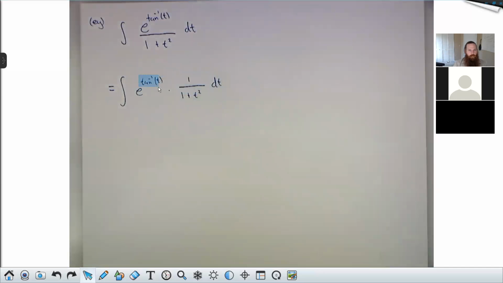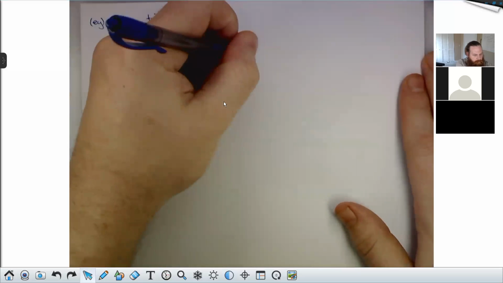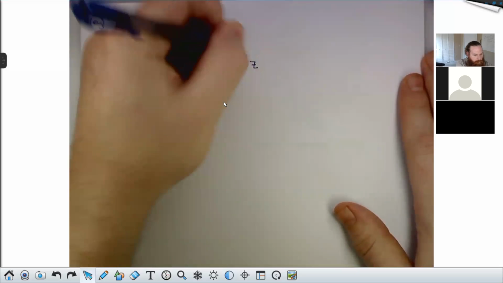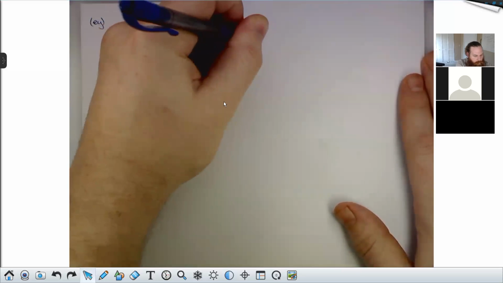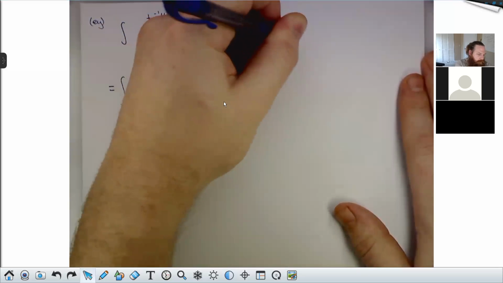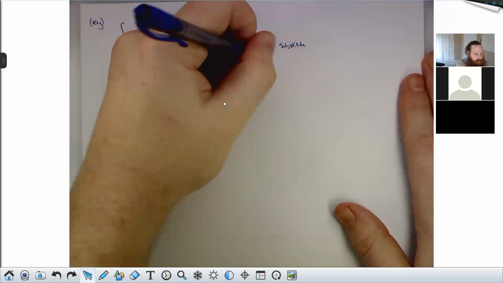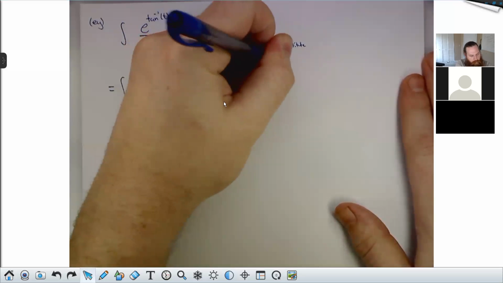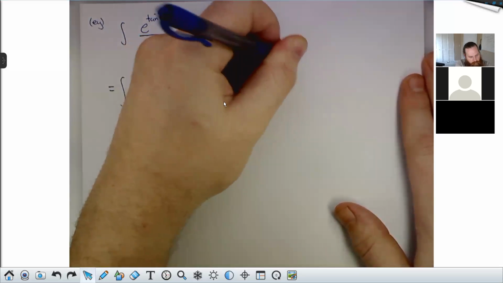So if I substitute for this, then my differential will be this. So here I'm going to use a different variable just to get you in the habit of it. I'm going to substitute z equals inverse tangent of t.